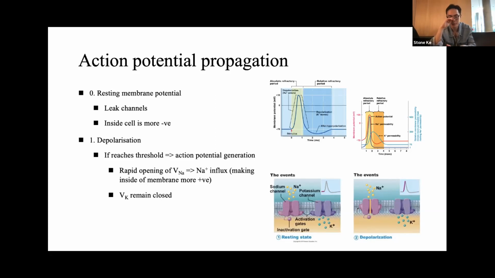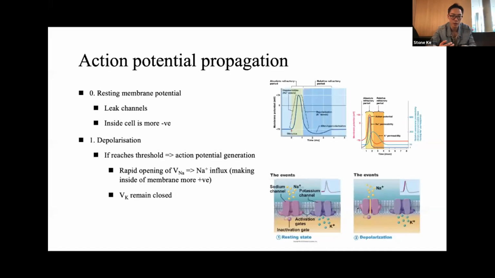If it reaches threshold, you will always have an action potential generated. These voltage-gated sodium channels are sensitive to this level of depolarization, the level of the membrane potential. At threshold, all of them are triggered to open.